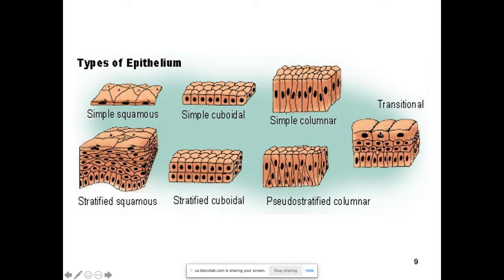So transitional really is telling us that when you have organs that have the ability of changing their shape, getting smaller and bigger, they're going to have cells that also change in shape, so they can transition. I think of the urinary bladder primarily when I think of transitional cells. The urinary bladder can be filled with urine, it can be distended, or it can be emptied, okay?